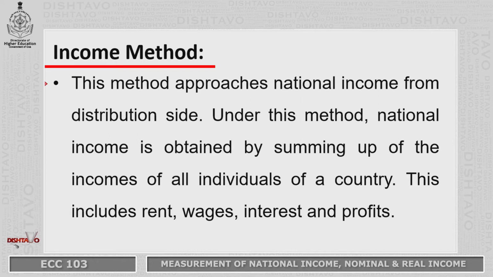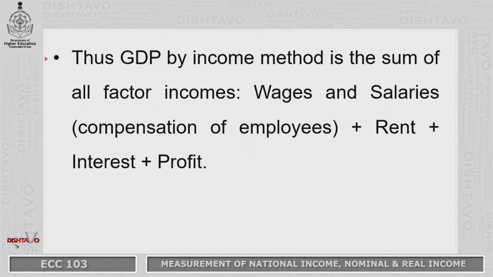Now, rent is earned by the land, wages by the labor, interest is earned on the capital and profits are earned by the entrepreneur. Thus, GDP by the income method is the sum of, or the addition of, all the factor incomes, that is the wages and the salaries, that is the compensation of the employees, plus the rent, plus the interest, plus the profit. All this will give you national income by the income method.